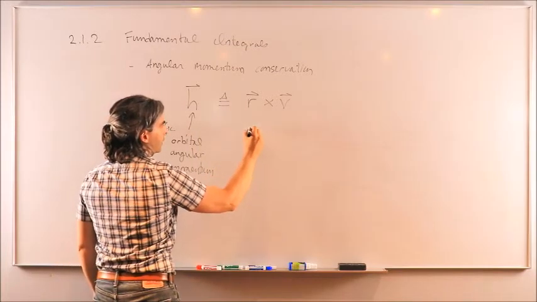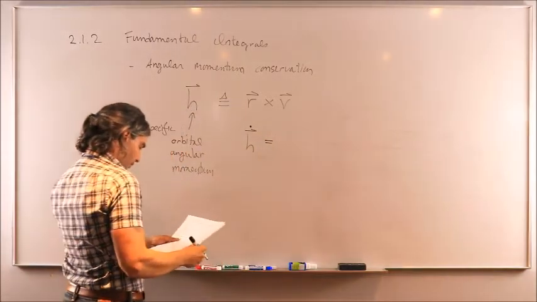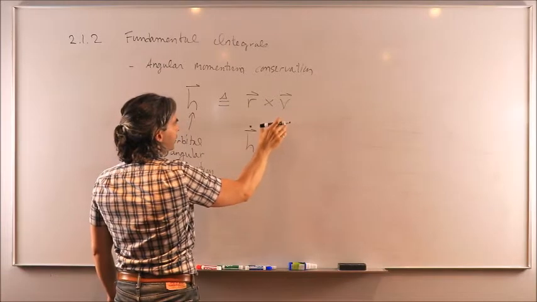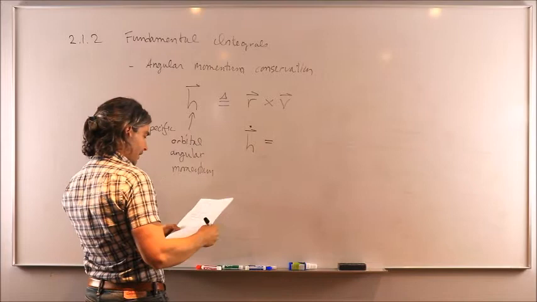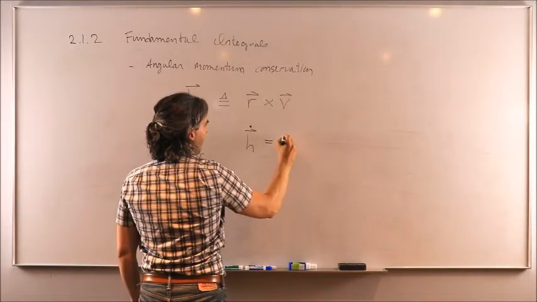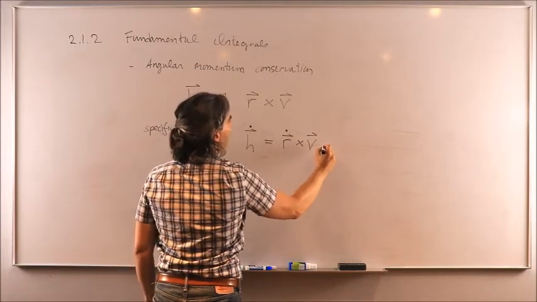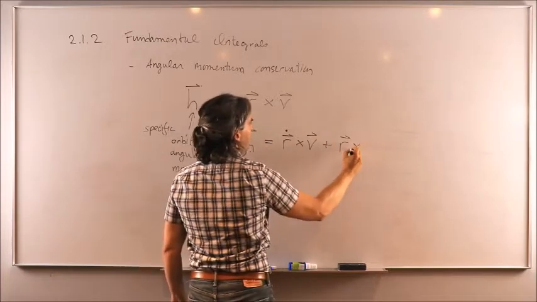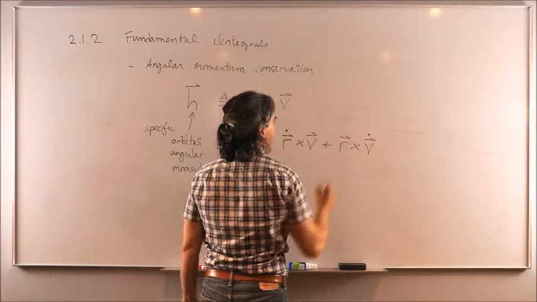So we're going to have a look at h inertial derivative equal to, well, all I do now is that I'm going to take the chain rule and apply it to the right-hand side of that expression. I'm going to say that this is our inertial derivative cross v plus the first one cross product the derivative of the second one, v dot.